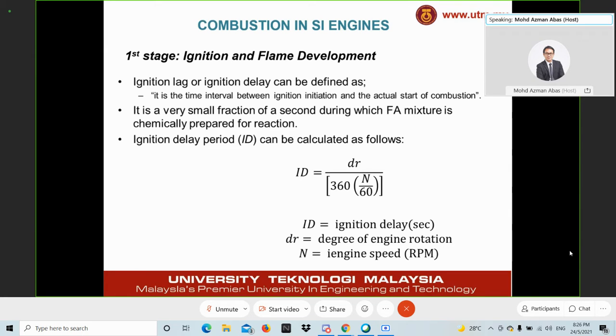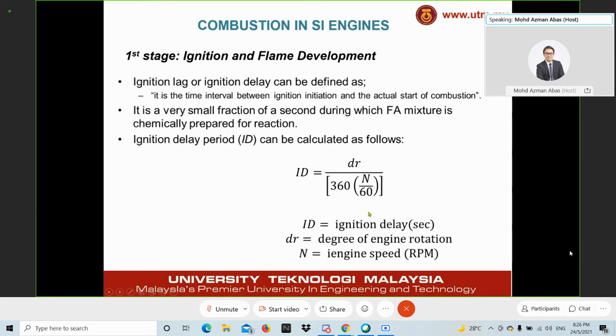Therefore, the initial delay period can be calculated as follows. In other words, you can calculate your first phase of combustion, the ignition and flame development phase. The first phase is also known as the initial delay period.